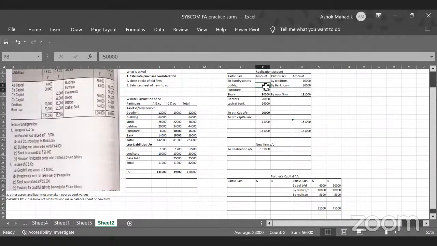Let me check the total once again. Loans 10, 20, 30, 150. Returns total piece is how much?